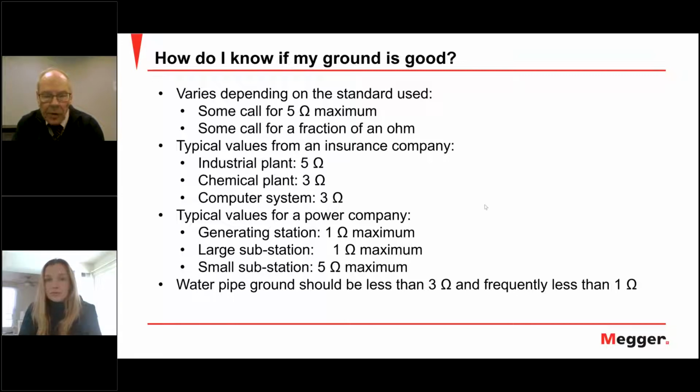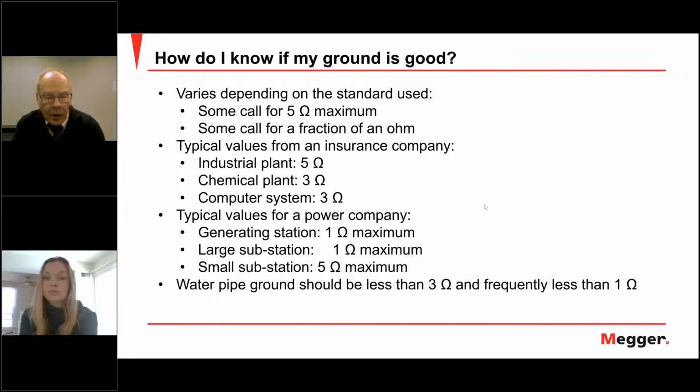A lot of very large companies or telecom, for instance, that are across the whole country, will have their own standard. So just consult them and they'll tell you, okay, we want to see a 2 ohm ground, or we want to see a 1 ohm ground, or whatever.